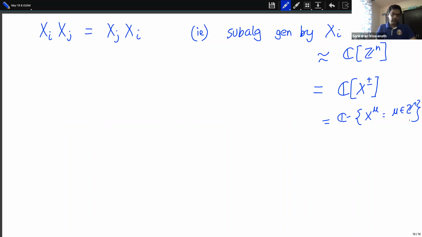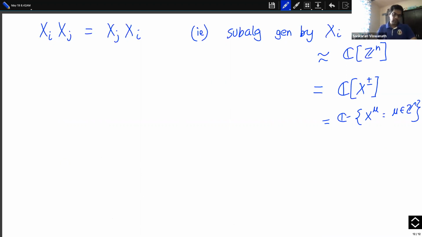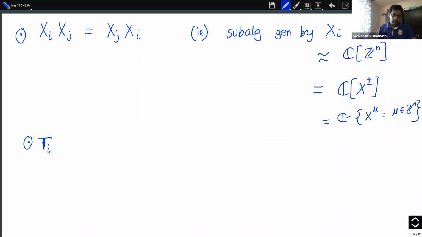Now, the important thing is to understand the relations between the generators of the affine Hecke algebra and the C[X]. The next thing to understand is how do the T's and the X's interact, and how do the G and the X interact. So T versus X and G versus X. The G and the X is easy.